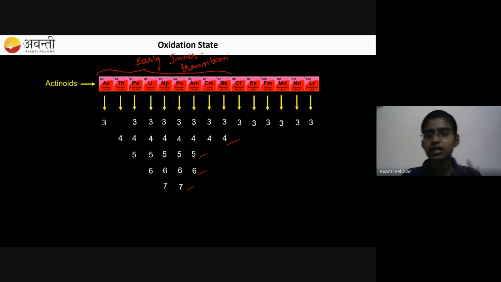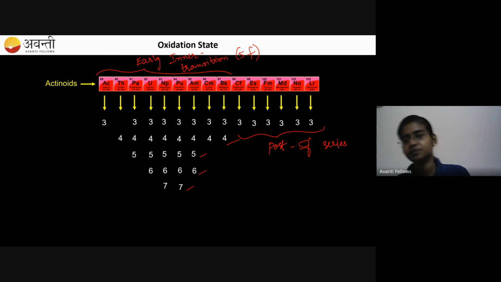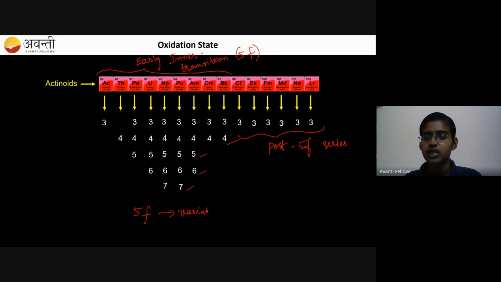The early inner transition elements exhibit variable oxidation states, but the post 5f elements, the post inner transition elements, or especially we can put post 5f series, they do not exhibit multiple oxidation states. Okay. So the early 5f series basically exhibit variable oxidation state.